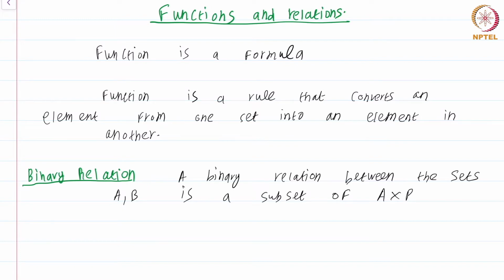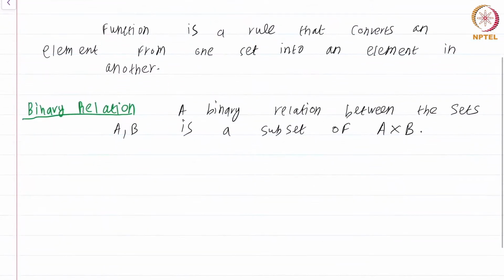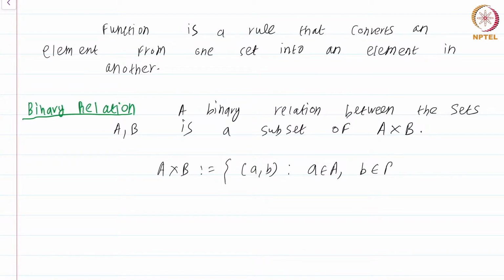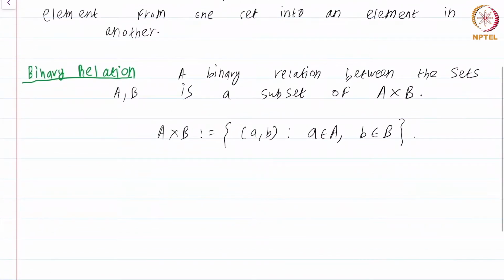of A cross B. Now I haven't told you what A cross B is. A cross B is by definition the collection of all ordered pairs (a, b) such that a comes from the set A and b comes from the set B. Now the question arises, what is an ordered pair?